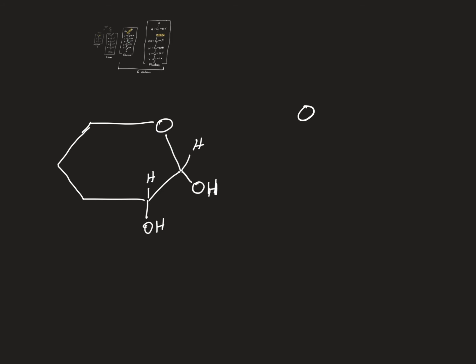So even though it has 6 carbons, it's going to form a pentose. It's going to have 5 sides. Each corner, remember, is a carbon.